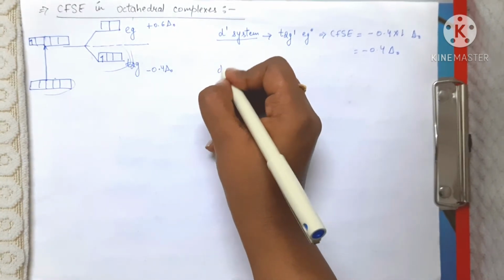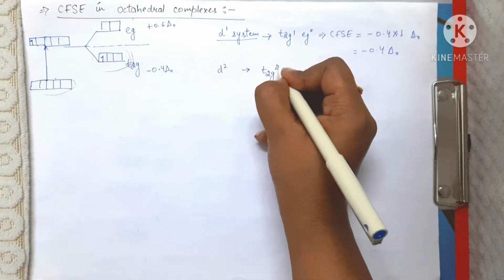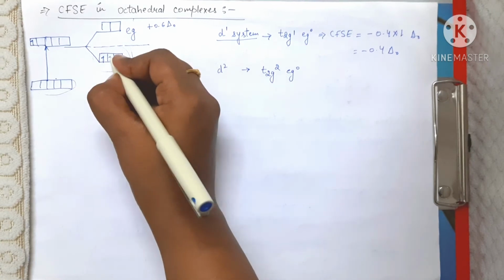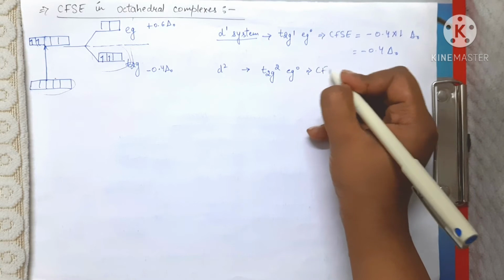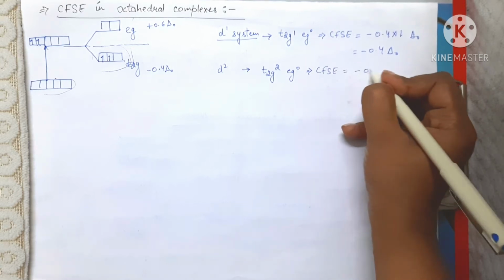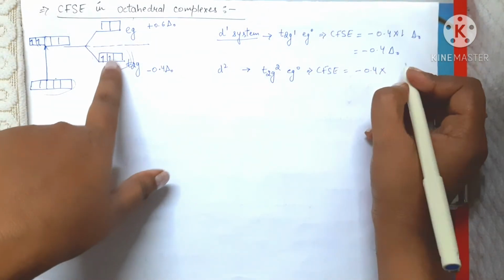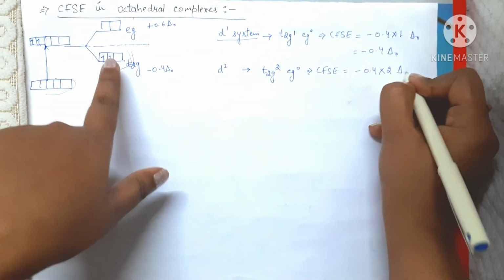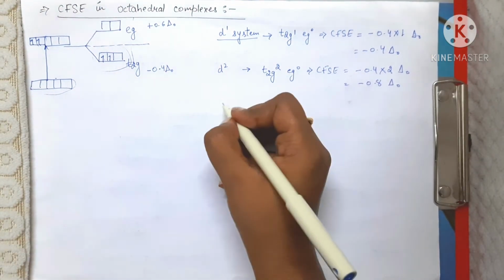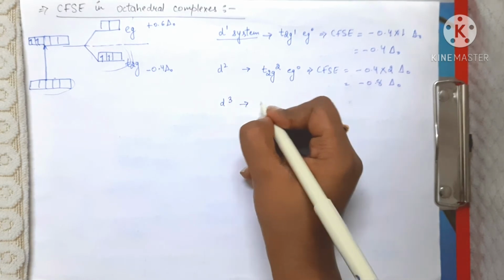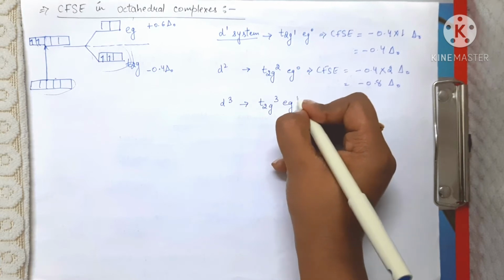If we have a d2 system, then the configuration will be t2g2 eg0. The second electron will be here, right? For that, the CFSE will be minus 0.4 multiplied by the number of electrons present in the t2g orbitals, that is 2, del O. So it will be minus 0.8 del O. For the d3 system, the configuration will be t2g3 eg0.